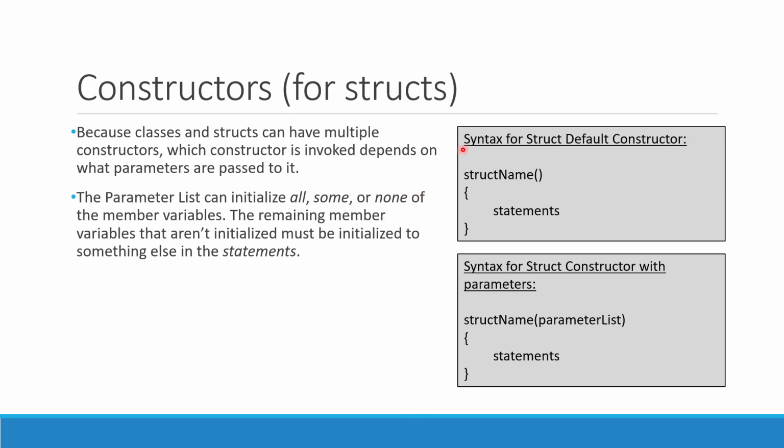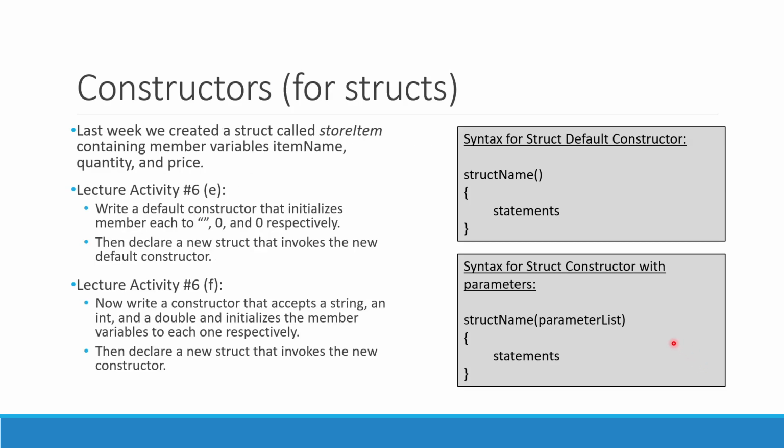So with the syntax in mind, we can actually get down to finishing our lecture activity 6 so that you can submit it. Okay? So the syntax is right here.